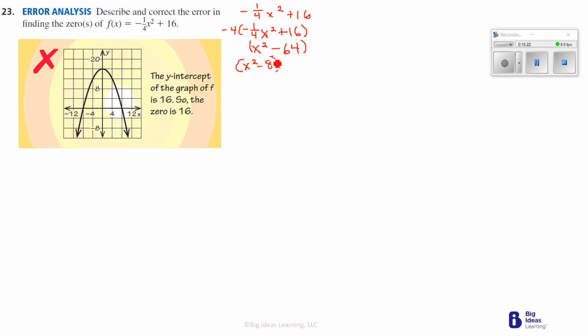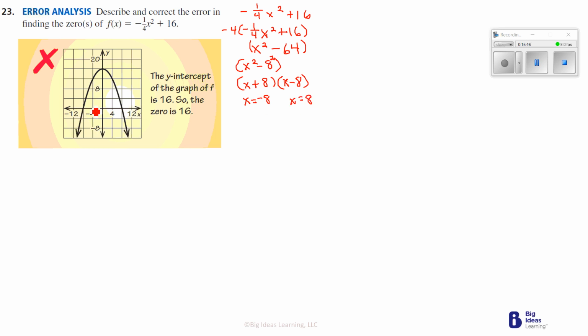Oh, square. And that's going to turn this to x plus 8, x minus 8. And when we solve for x, that would be x equals negative 8 and x equals positive 8.